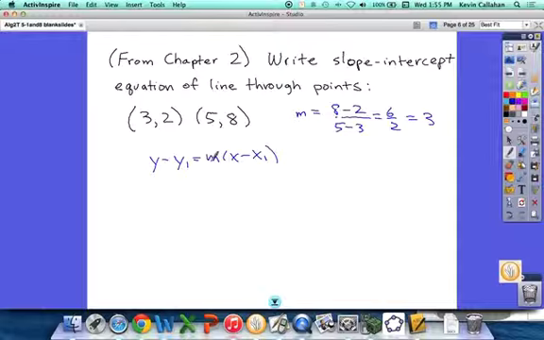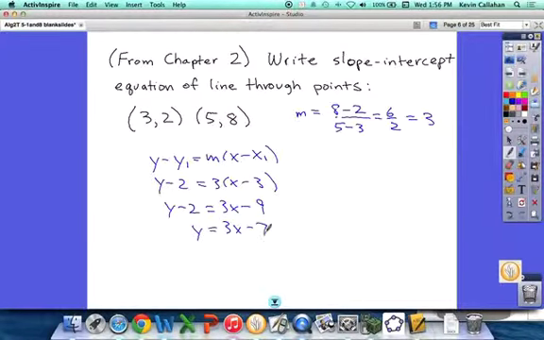I'm going to pick the one that's smaller because calculations maybe are easier. y minus 2 is 3 times x minus 3. y minus 2 equals 3x minus 9. Add 2, y equals 3x minus 7. So keep that in the back of your mind.